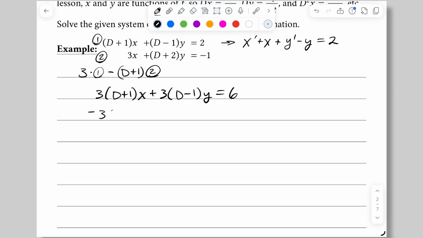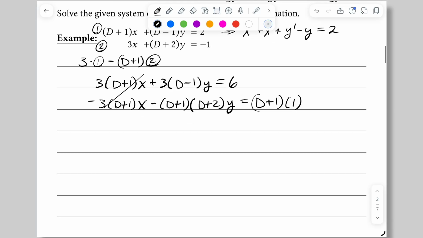Minus 3(D + 1) acting on x minus (D + 1)(D + 2) acting on y is equal to minus (D + 1) acting on -1. That minus is multiplication by -1, so we can write that right-hand side as (D + 1) acting on 1. We can see that the x terms will subtract out.